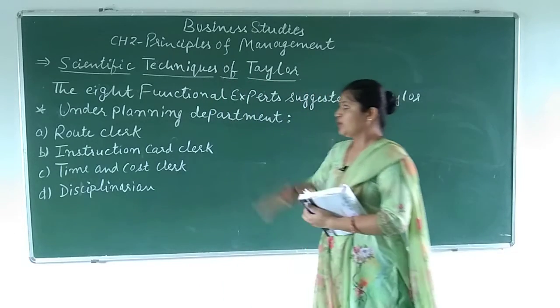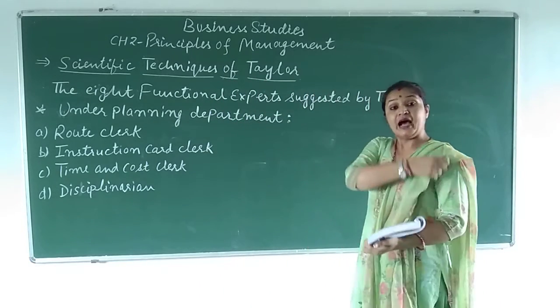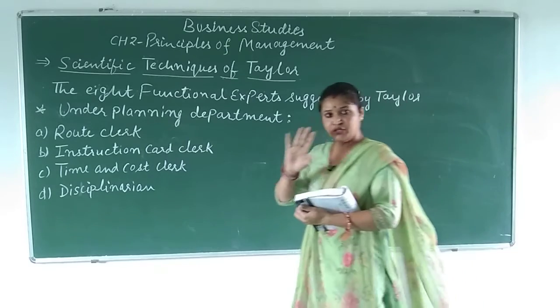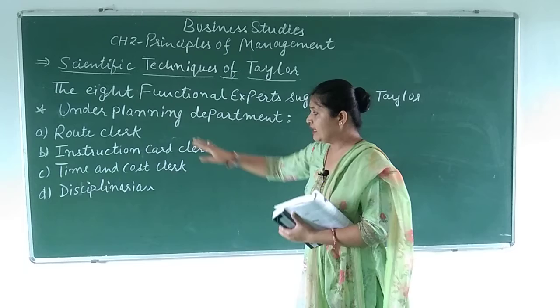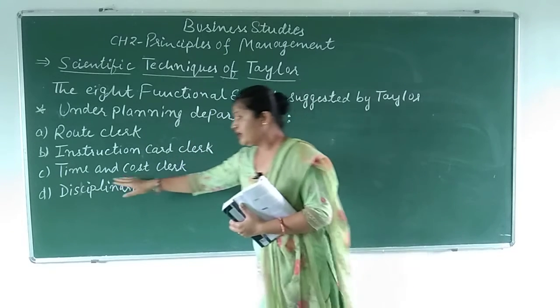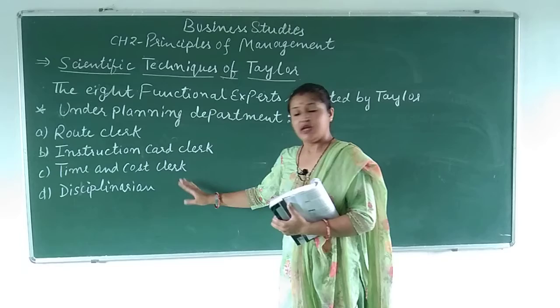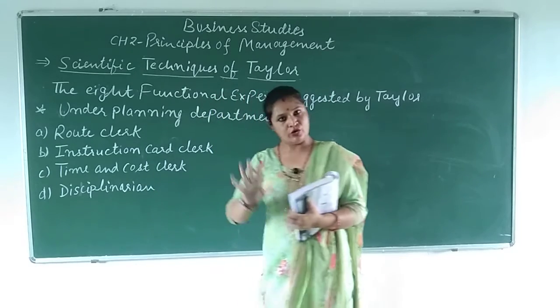Okay, so the first department is planning department. There are 4 experts. The first is route clerk, second is instruction card clerk, third is time and cost clerk, and the fourth one is disciplinarian, right?